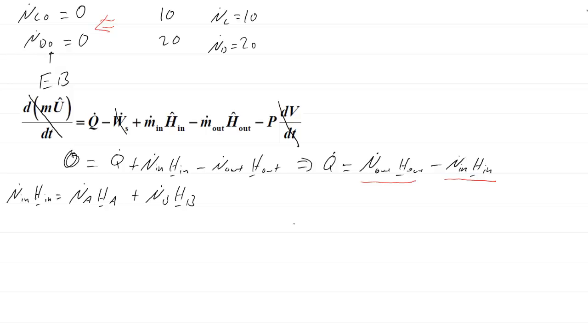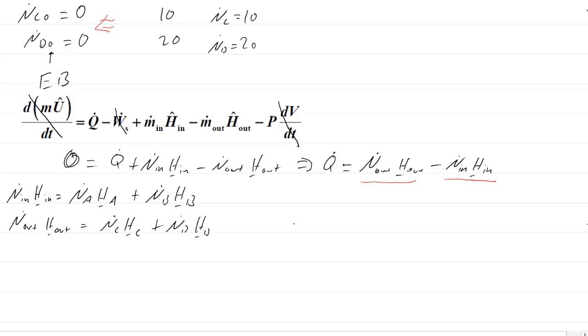Then for the outlet, the flow out times the average enthalpy out is equal to the flow of C times the enthalpy of C plus the flow of D times the enthalpy of D.